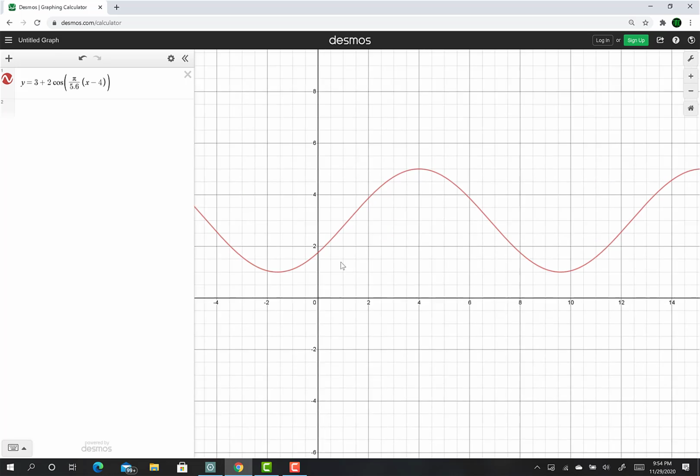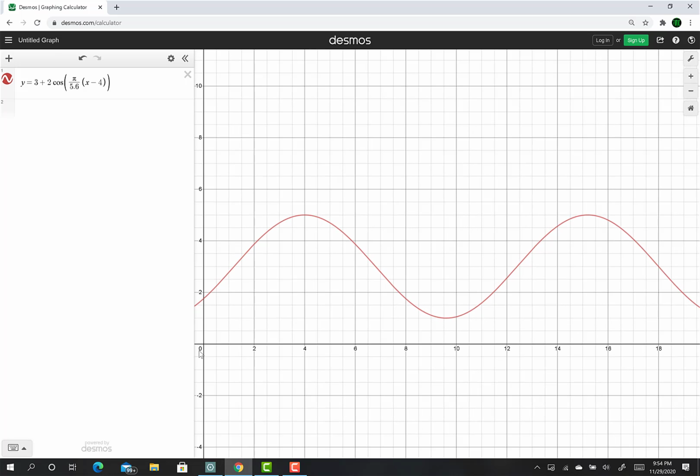So I'm just looking at these times right here because t values are positive. So there it is, the max right there. That happens 4 hours after midnight, and the y value is the depth, so it's 5 feet deep.